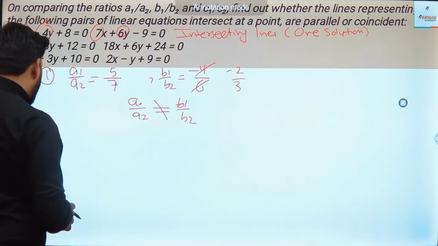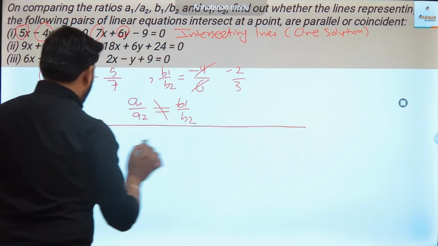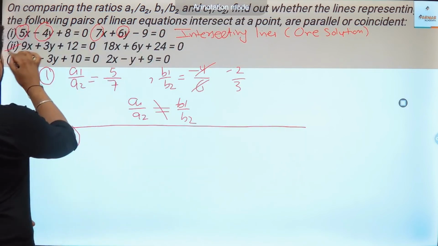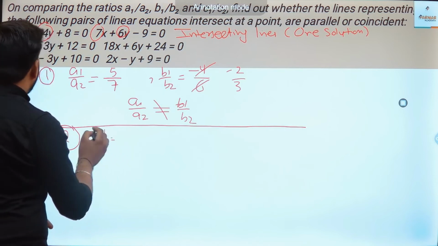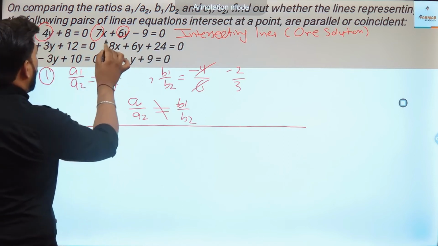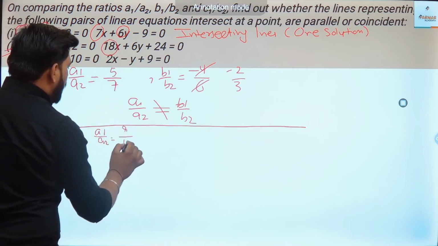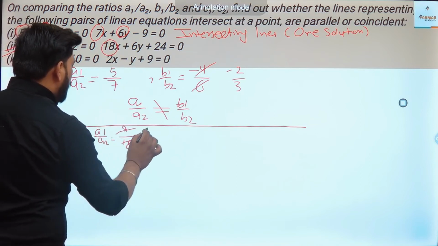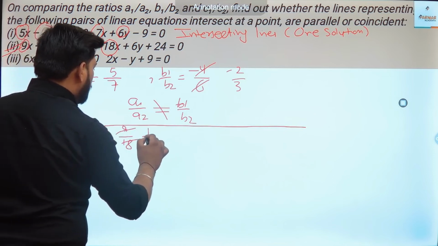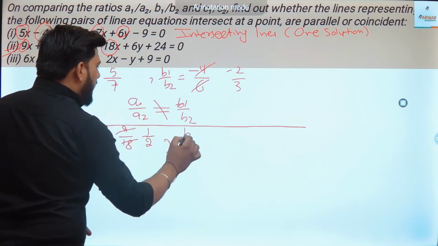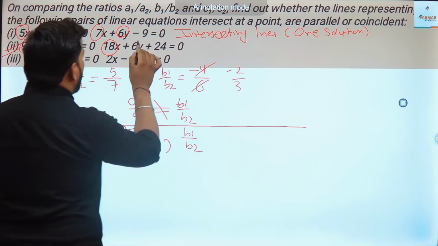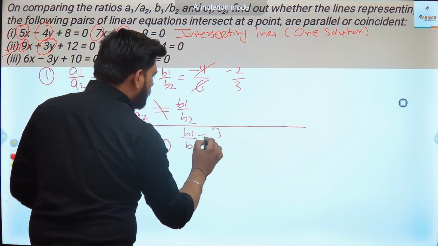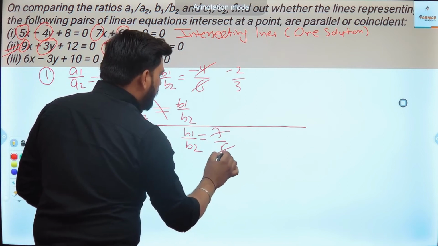Now for the second pair of equations, a1 upon a2, the coefficients of x, is equal to 9 upon 18, that is 1 upon 2. The second ratio, b1 upon b2, the coefficients of y, is 3 upon 6, that is again 1 upon 2.